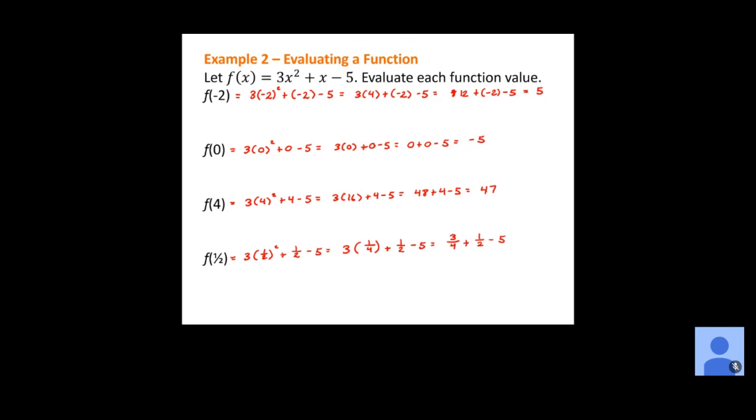And now, to be able to add and subtract, what are we going to have to do? We need a common denominator. Good. What is the common denominator going to be this time? 4. So our first fraction, we can just leave as 3/4. What about the 1/2 then?